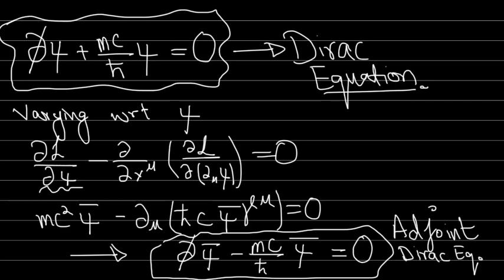And that is why you might see the Dirac equation written somewhere with this positive sign and somewhere with this negative sign, right? In one of those we have psi and in the other one we have psi bar. But the fact that we are getting these two equations with psi and psi bar is already hinting towards the fact that there are antiparticles in nature.